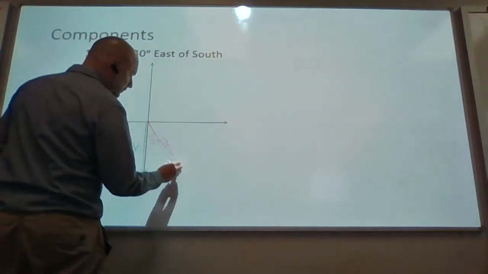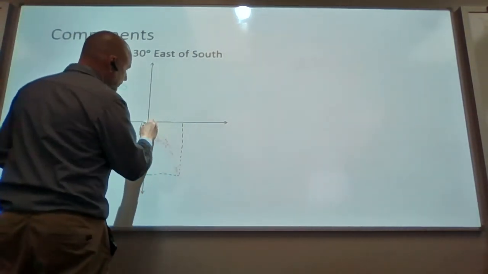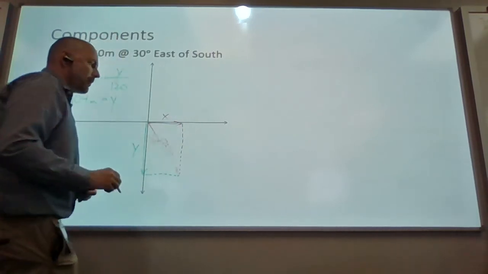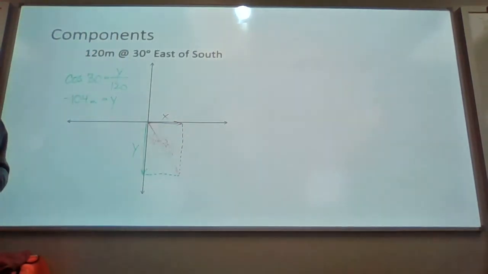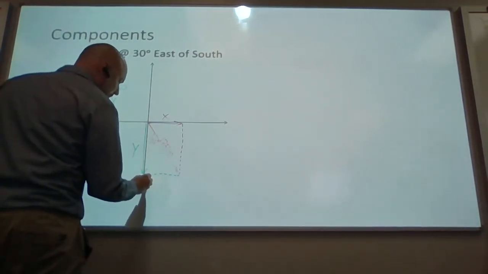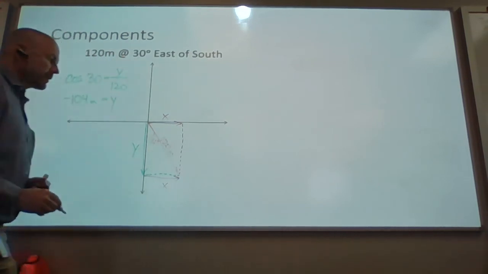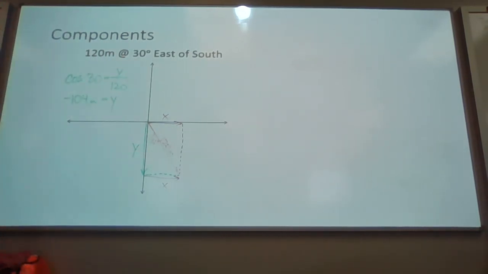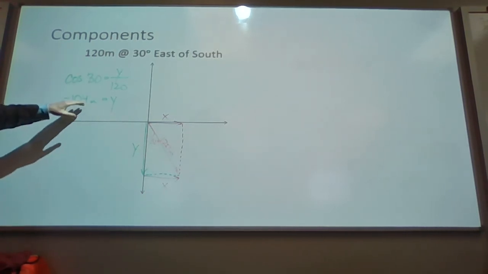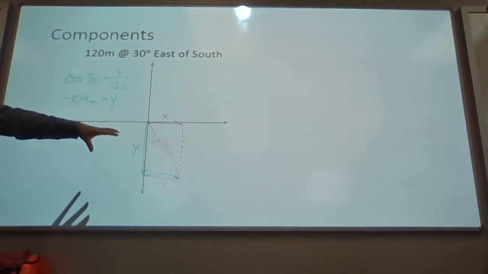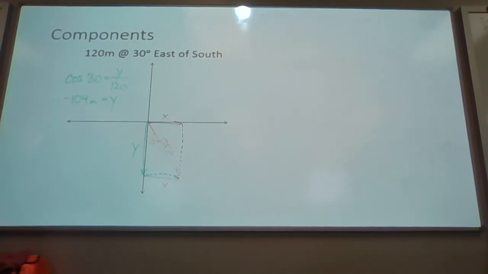Well, about that much, which happens to be the same length of that side of the triangle. Without using this, but using 120 and 30, tell your neighbor what you would do to calculate that.